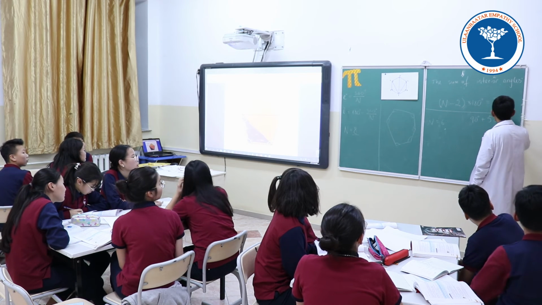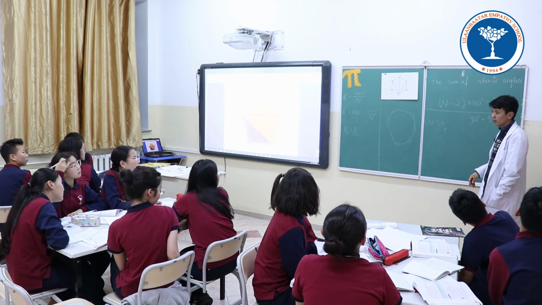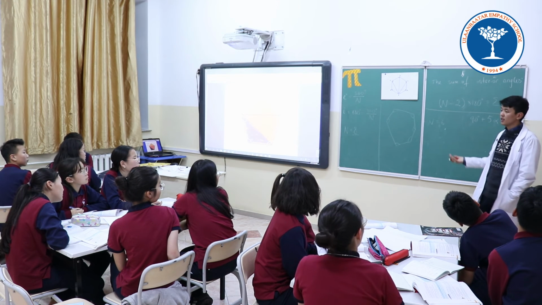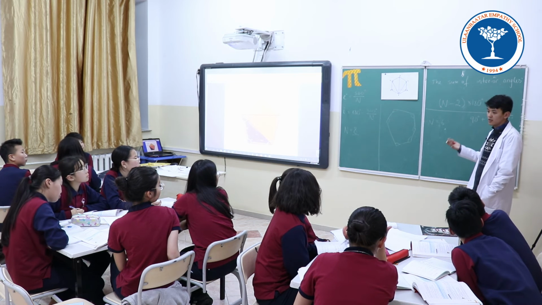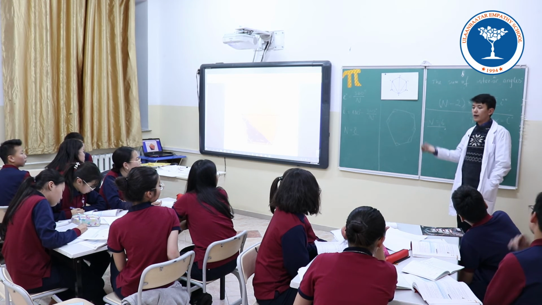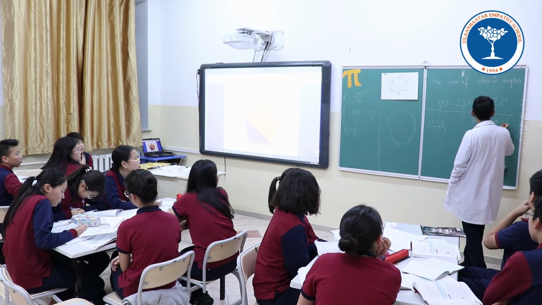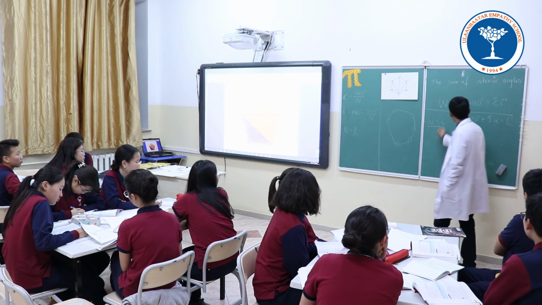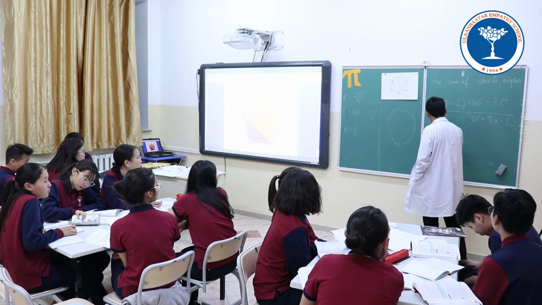So this is the sum of interior angles. Understand? We should find out how big these angles are. What is the alpha? The question asks, what is the alpha? So, by using the formula, we will find out the sum of interior angles.